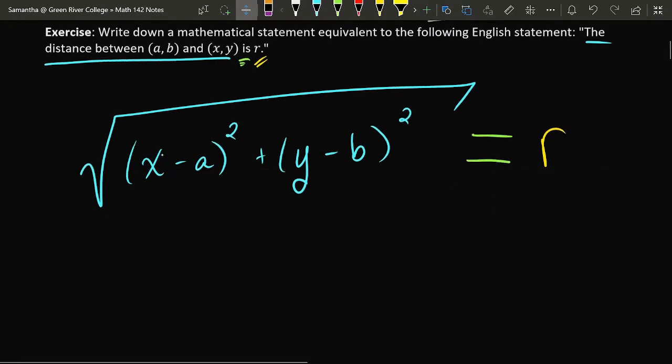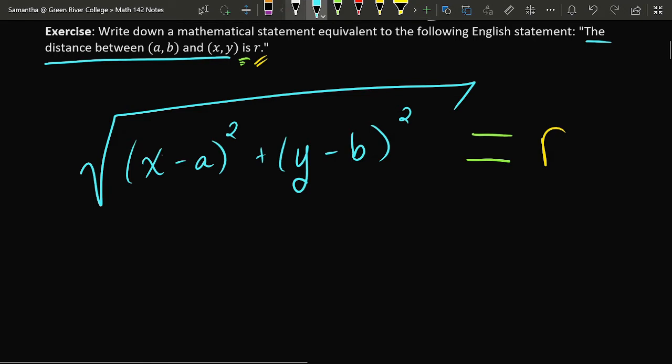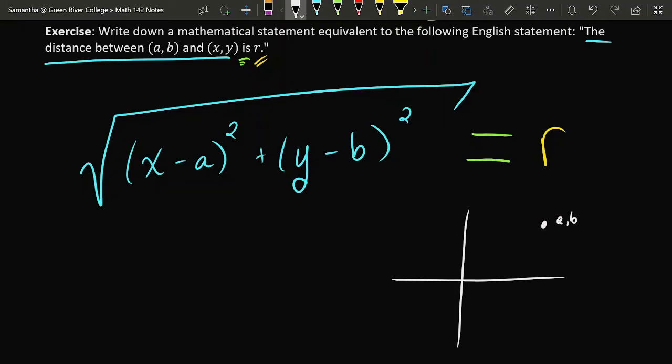Now suppose that I wanted to take the same statement and represent it using a picture. Then I would locate my point (a, b), and I would think about (a, b) as being the location of maybe a post in the ground, a post to which a rope of length r is attached.